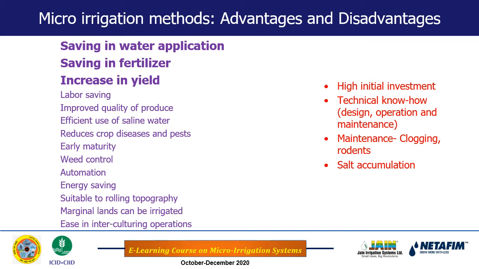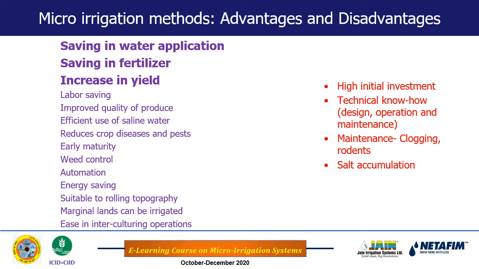Again, just to list those: we can save water, we can save fertilizer, we can enhance the yield, we can save labor, we get improved quality of produce, we can use saline water as well. There is less infection of crop pests and diseases. We can shorten the crop growing season, then less weed, more chances of automation, then we can save energy.